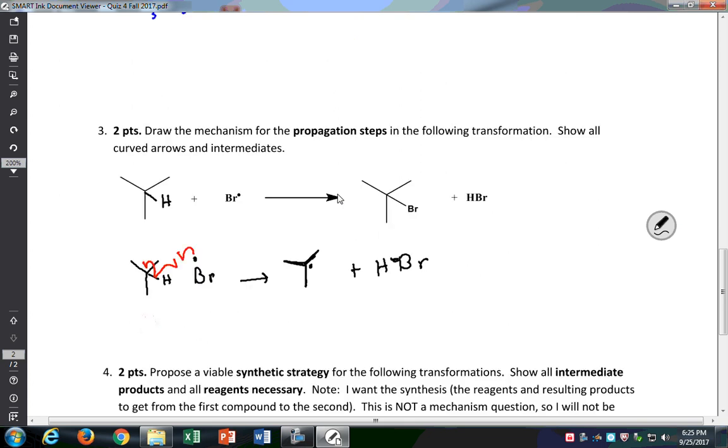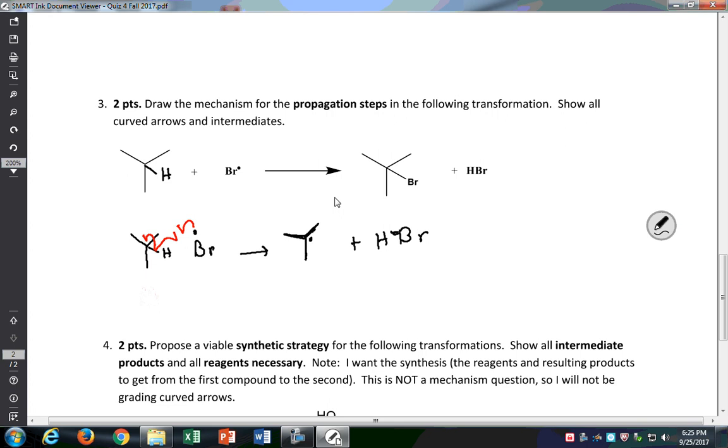Now technically, I want a propagation reaction. So you could show the coupling of your bromine radical and your carbon radical, but that would be a termination, and I was looking for propagation steps. So the next step in your propagation would be a bromine abstraction from Br2, because again, remember, there's Br2 floating around.